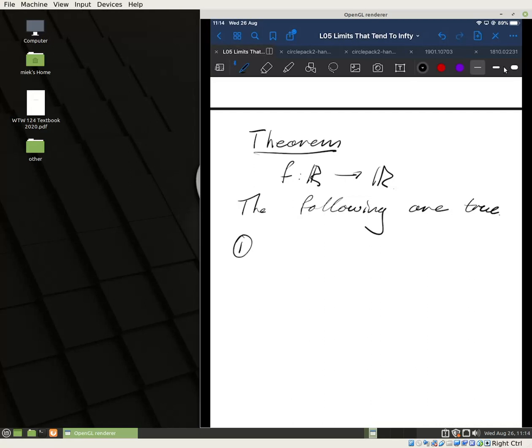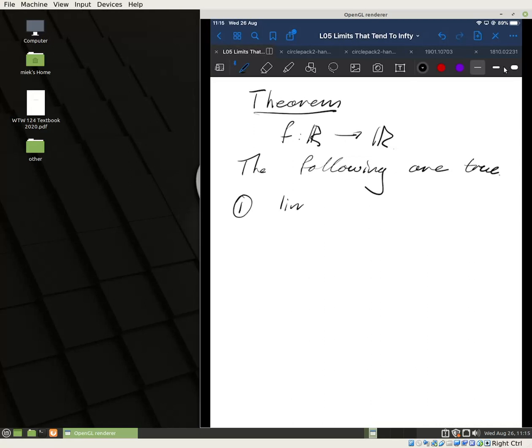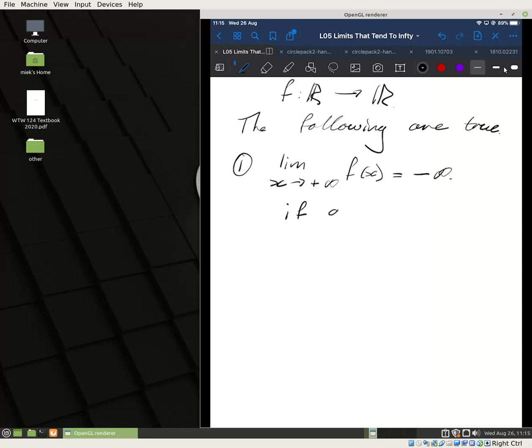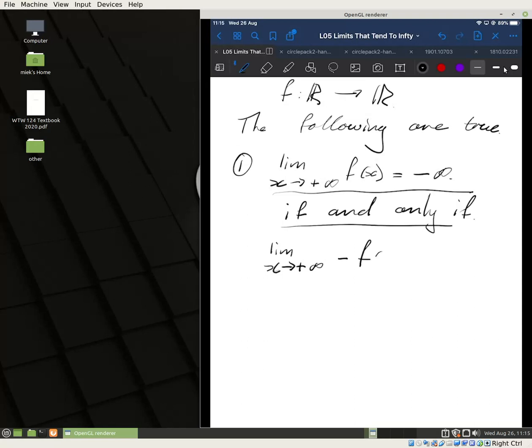Number one: the limit as x tends to plus infinity of f of x is equal to minus infinity if and only if, and here we see those words again, these two statements are logically equivalent, the limit as x tends to plus infinity of minus f of x is equal to plus infinity.